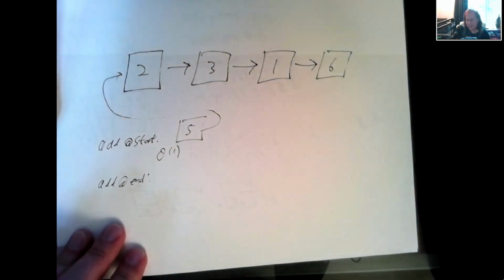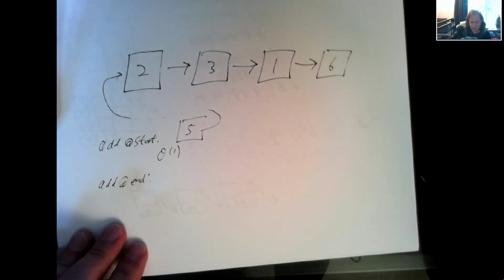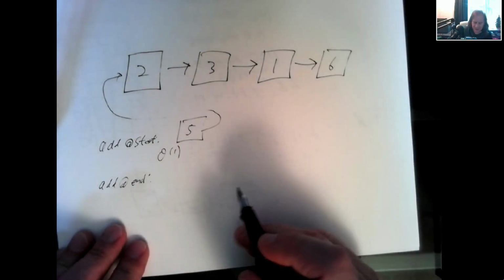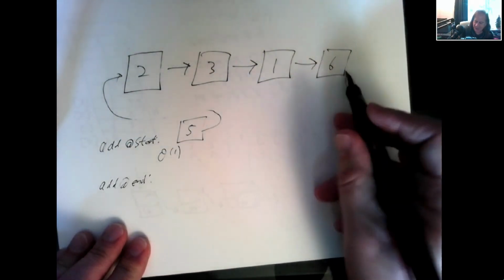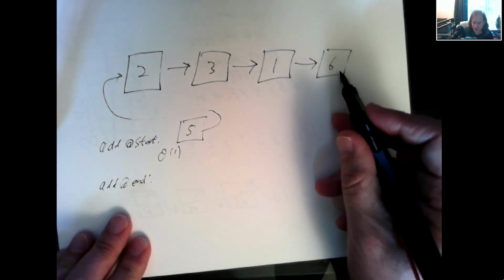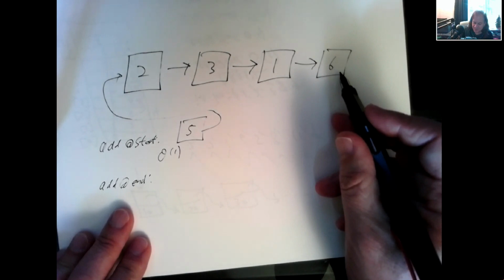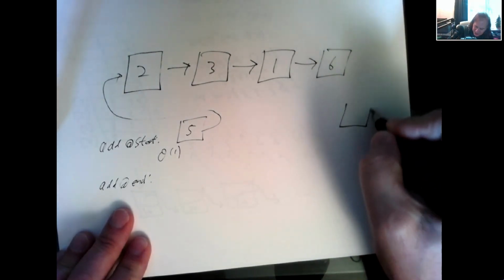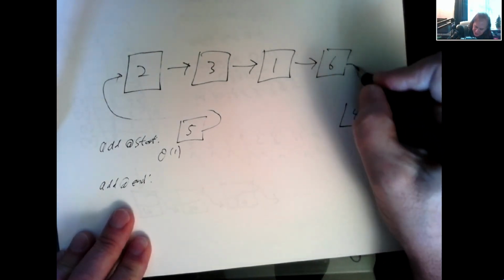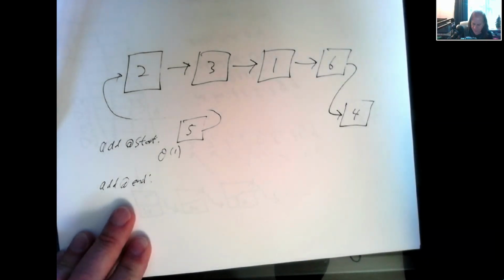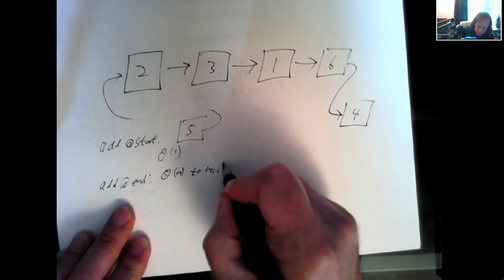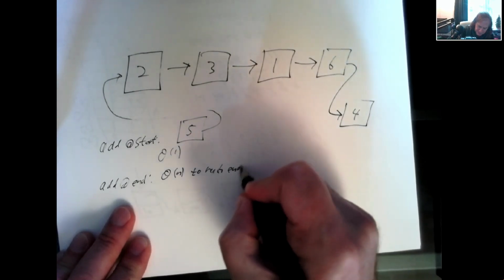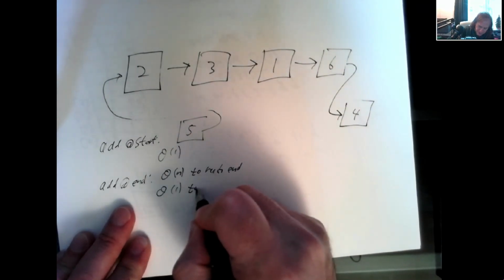If I want to add to the end, well, if I have n nodes in my list and I'm starting with the first node, I have to follow the pointers till I get to the last node, and that's an order n operation. And then to add one more thing to the end, that's just order 1. So it's order n to reach the end, order 1 to add.